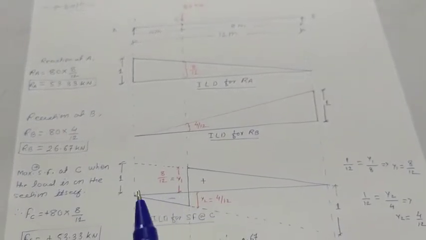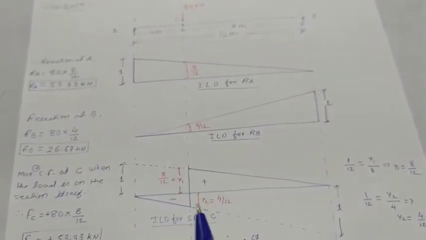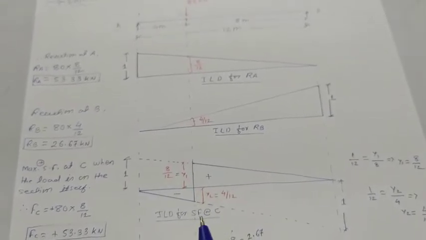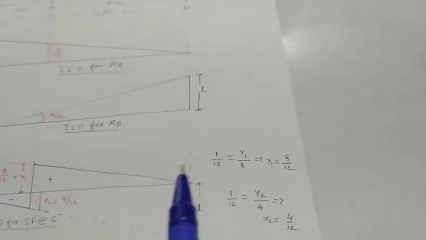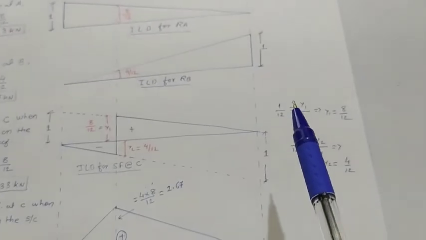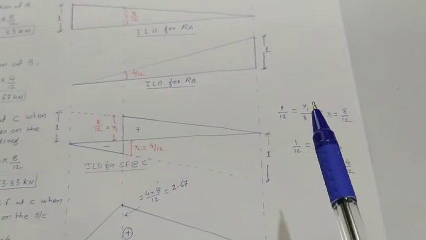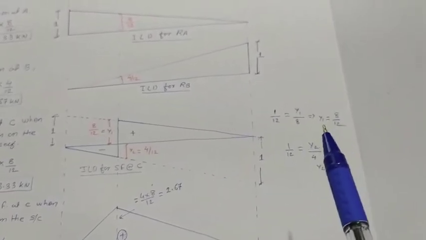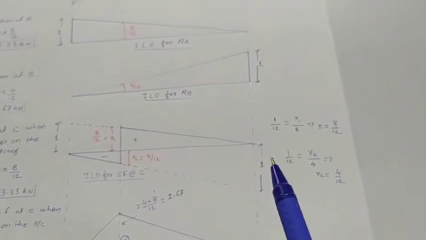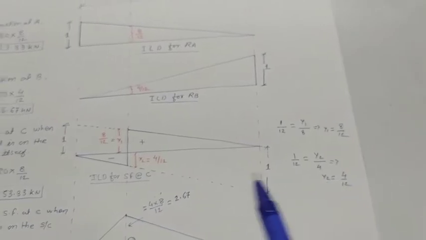And this point is 4 meter away, so 4 by 12. This is the positive ordinate and this one is the negative ordinate of shear force. Using symmetry of triangles, 1 is at 12 and y1 is at 8, so you get 8 by 12. Similarly for the negative ordinate, 1 at 12 and y2 at 4, so this becomes 4 by 12.